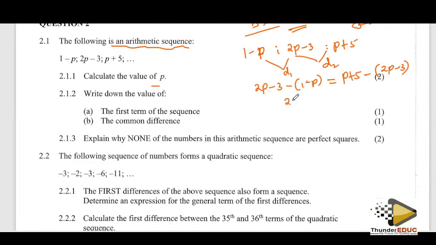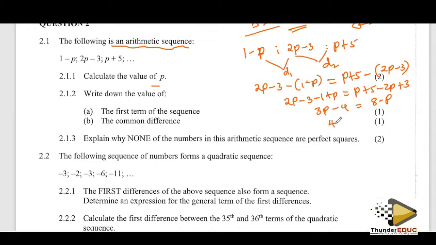When I open this up, I have 2P minus 3 minus 1 plus P is equal to P plus 5 minus 2P plus 3. This and that is 3P minus 4. This and that, I'm having 8 minus P. I'll move the P to the left.